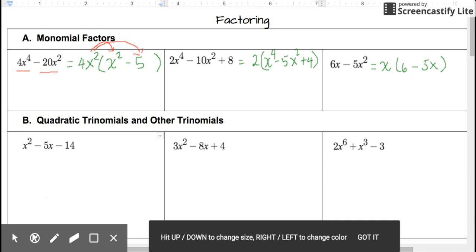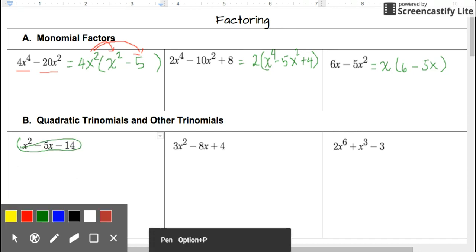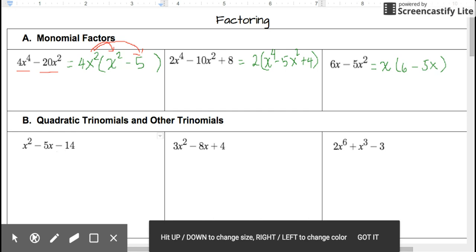To get the area of the rectangle, we multiply the length by the width. So if we can find the length and the width of the rectangle that gives this area, then we have found the factors of this expression. So let's find the length and the width of the rectangle with area x squared minus 5x minus 14.